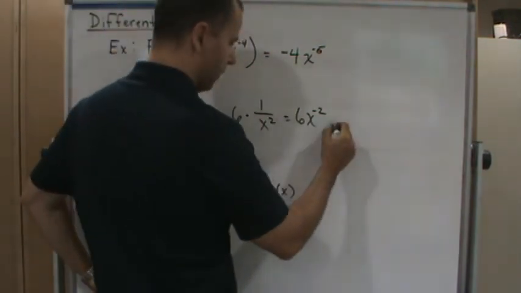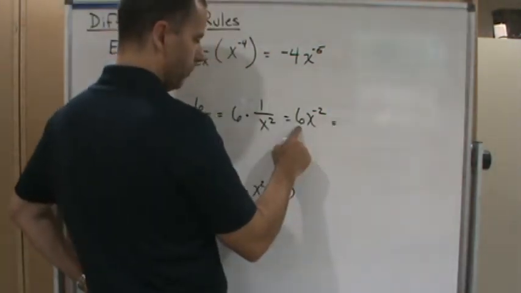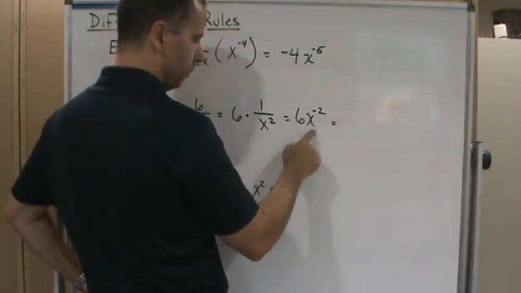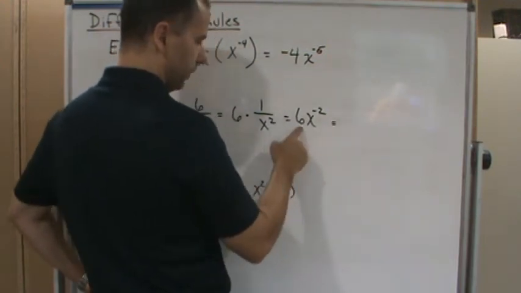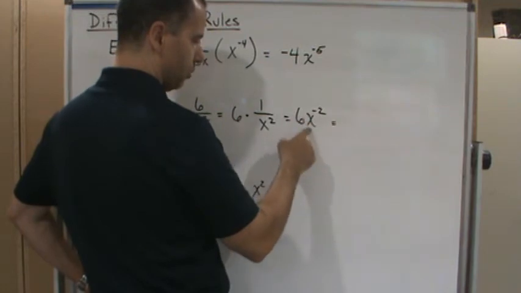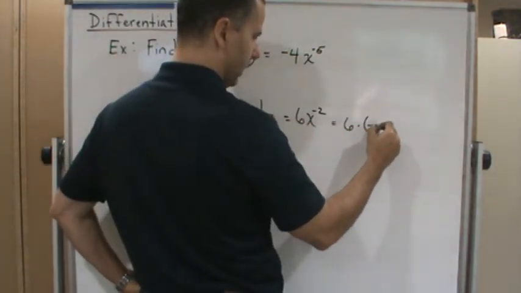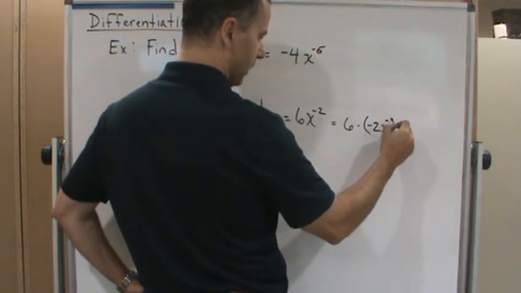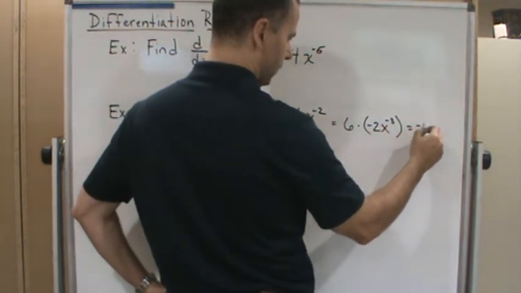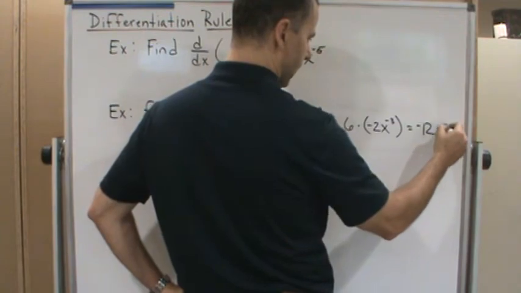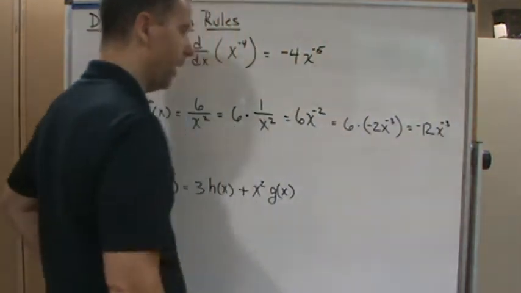So then, constant multiple problem. So then I can pull the constant out and use the power rule on this, and then it becomes 6 times what? Negative 2x to the negative 3rd power, which then equals negative 12 times x to the negative 3rd power. I'm done.